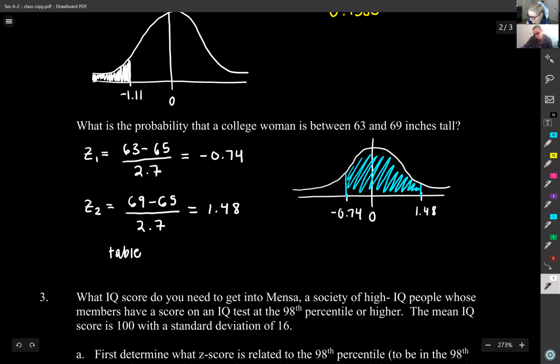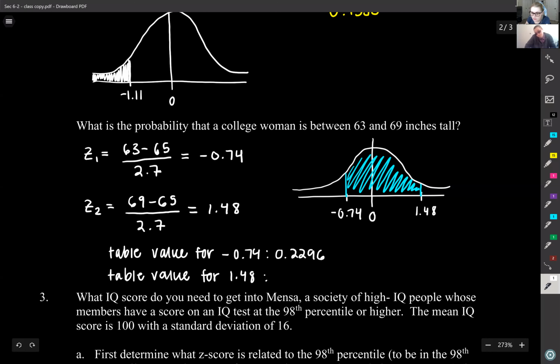Okay, so my table value for negative 0.74 is going to be 0.2296. And then my table value for 1.48 is going to be 0.9306.